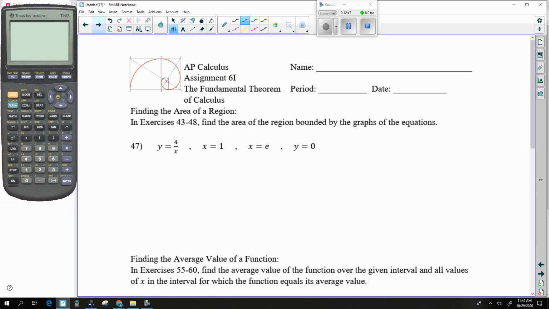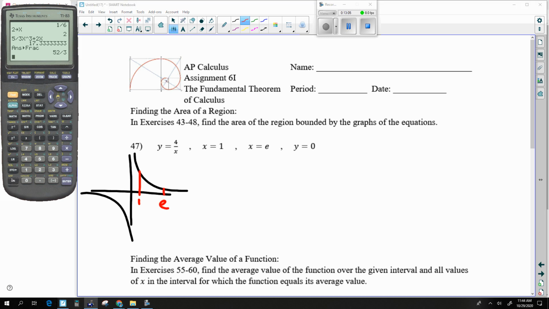Okay, bounded regions. This is a division of x, so this kind of looks like this picture right here. And we're taking it from positive 1 to e. e is like, what, 2 something? e to the first power is 2.7 something.